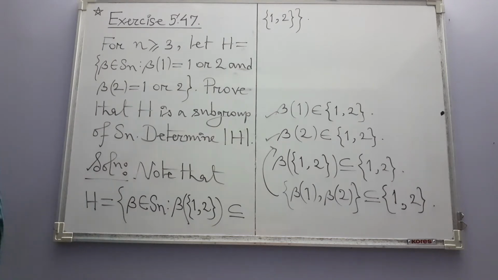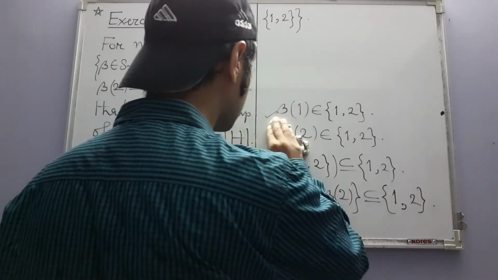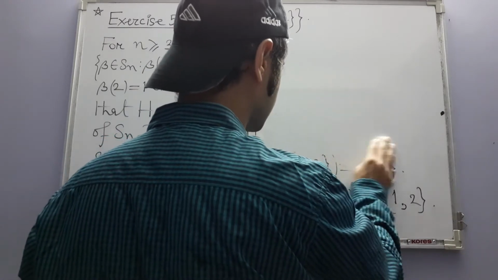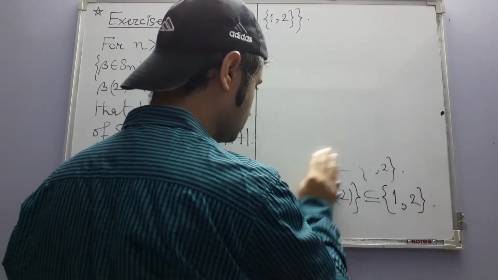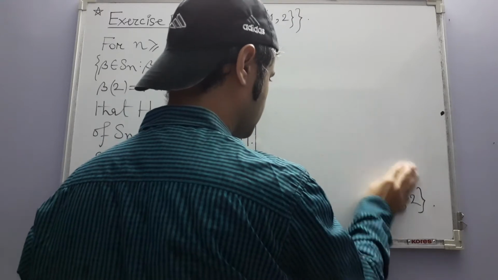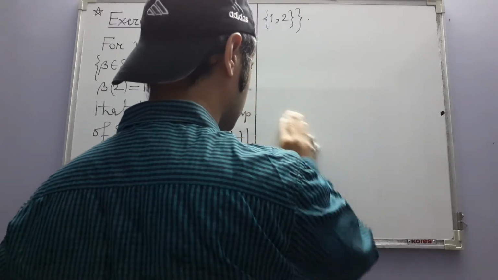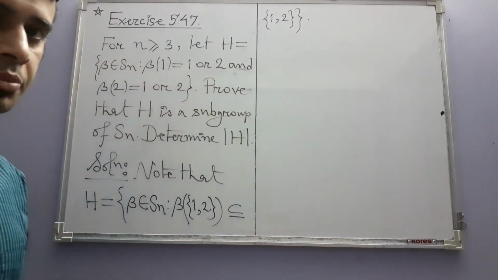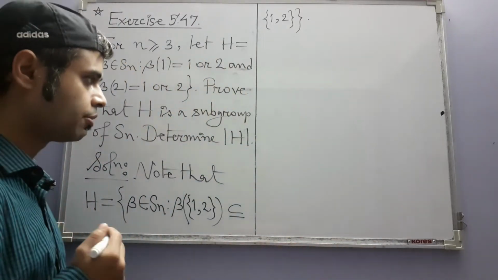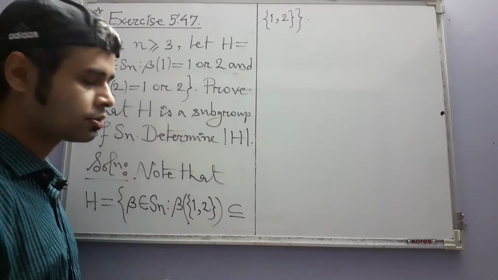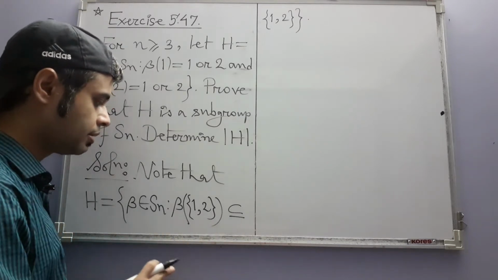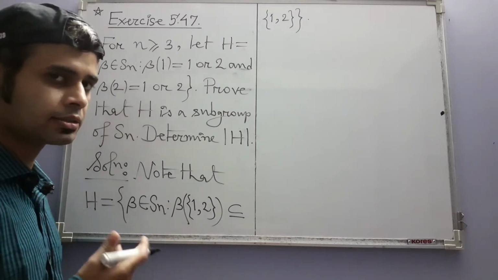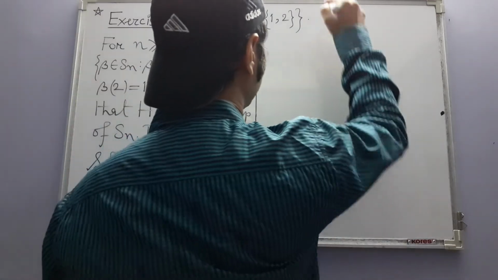Okay, now it will be somewhat easier for us to show that H is a subgroup of Sn. So first of all, we have to make sure that H is non-empty. That of course we will show by demonstrating that the identity element of Sn is in H, that is the identity permutation.